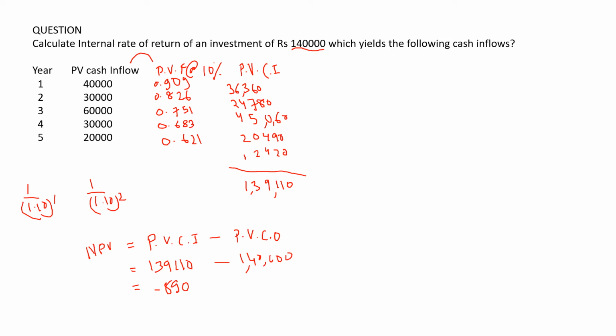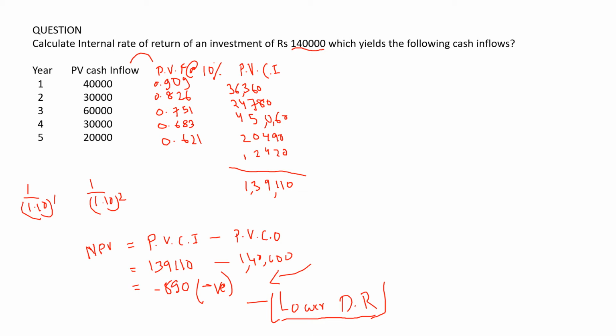So once it is negative, we know that this time we will have to take a lower discount rate. Why will we have to take a lower discount rate? Because our NPV has come out to be negative. As it is a trial and error method, we will have to keep on trying till our NPV is equal to 0.